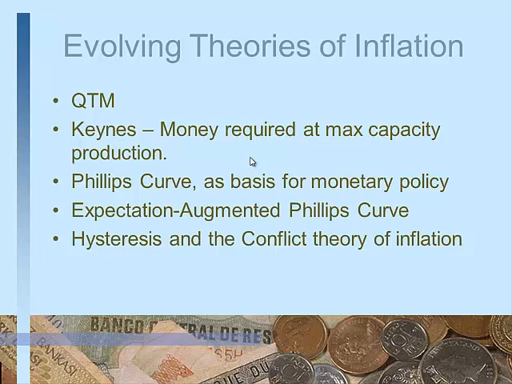Now, if there is less than full employment, one simple way to understand it is to say that in order to run the business, you need money. In fact, Keynes said that the expenditure is done in advance for the production process. You pay the wages, you buy the inputs, the raw materials, and then you do the production, and then you sell.